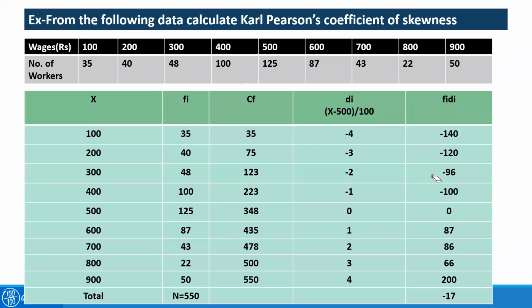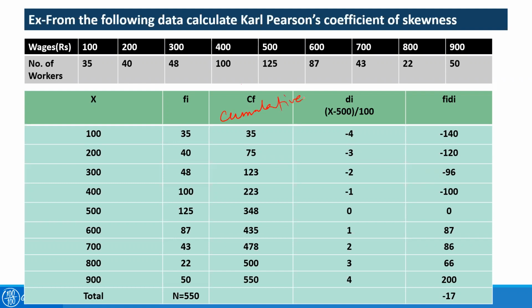With the same example, I'll continue with how to calculate Bowley's coefficient of skewness. Here, basically, we'll calculate Q3, Q2 and Q1. As we know, for calculating Q3 and Q1, we need the cumulative frequency.